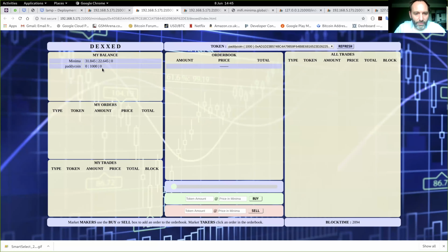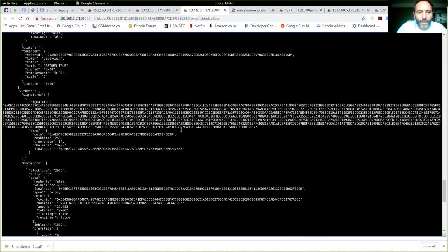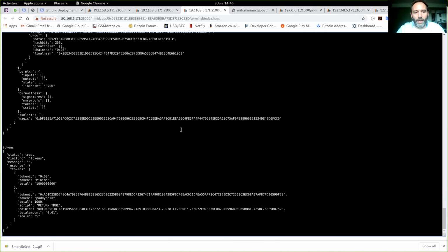If I go back here, I'll just show you. If you say tokens, there's a function there. It explains that Paddy coin has a total of 1,000. The script is returned true. What's very nice is that you can actually add a script to a token. And when you use that token, both the script of the token and the script of the address have to return true.